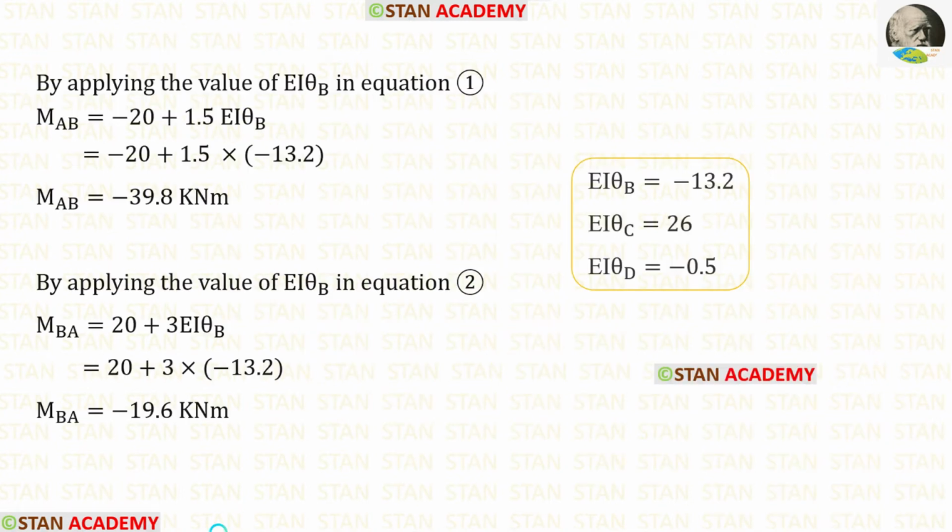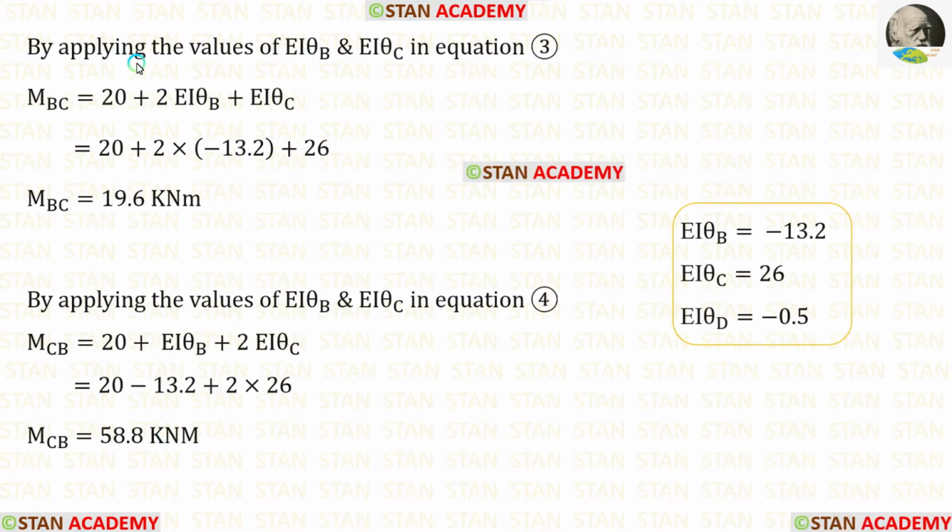Now let us find the final moments. When we apply the value of EI theta B in the equation number 1, we are getting MAB. When we apply the value of EI theta B in the equation number 2, we are getting MBA. When we apply the values of EI theta B and EI theta C in the equation number 3, we are getting MBC.